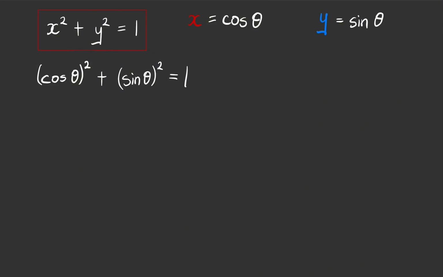And to express this in a much more conventional way, you can write this as cosine squared theta plus sine squared theta equals 1.